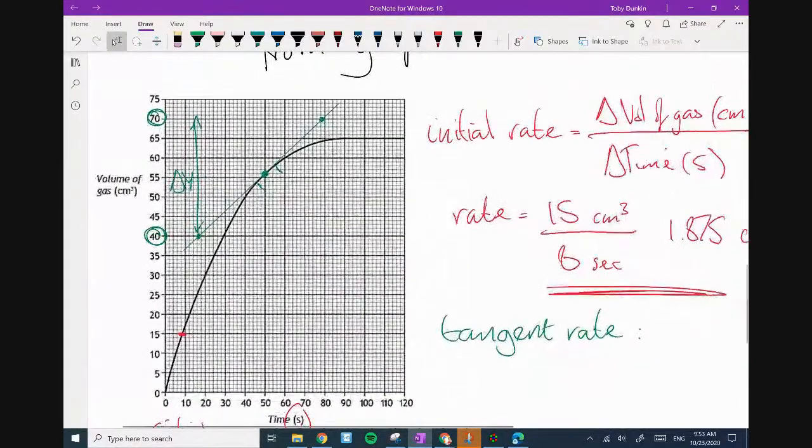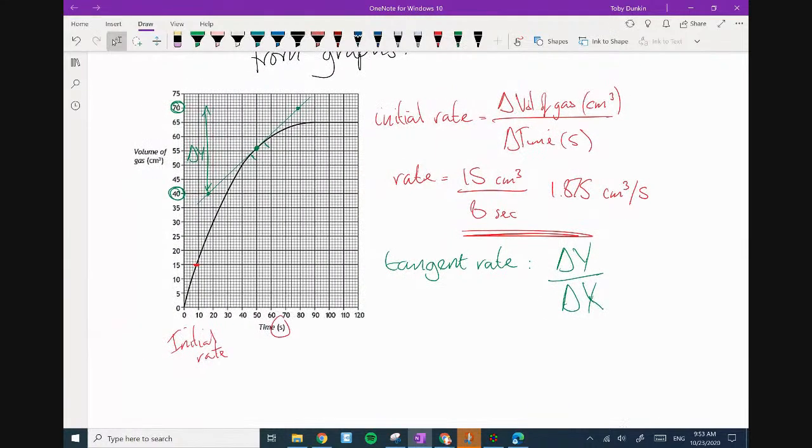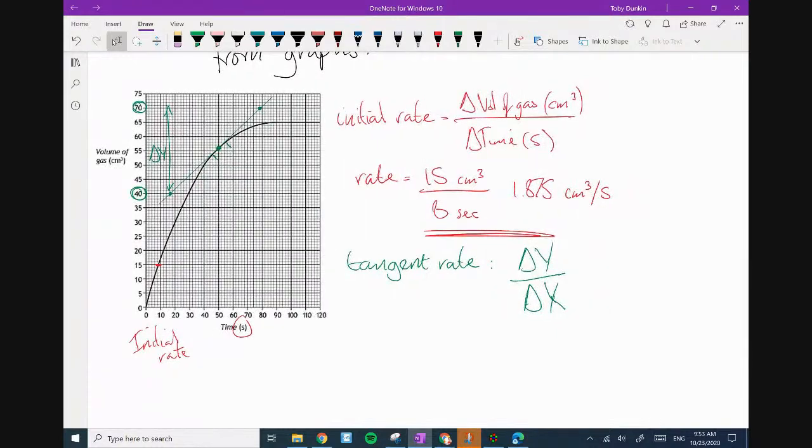So we've got delta y, the change in volume, and delta x. Our delta y is the volume of gas, which is 70 minus 40. It's the change, remember. 70 minus 40, which is 30. So 30 centimeters cubed of gas.